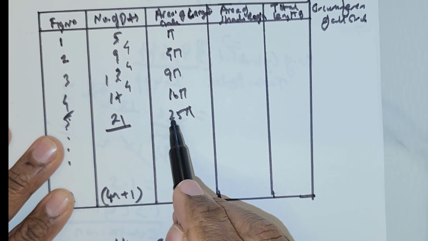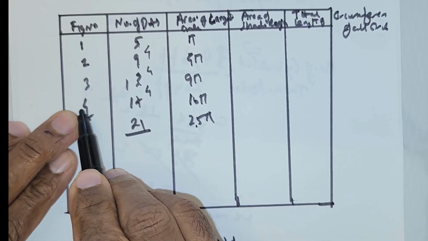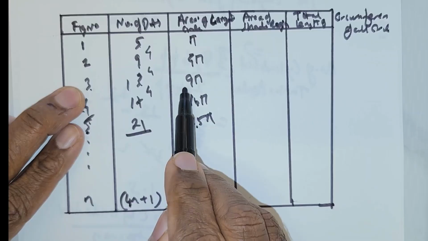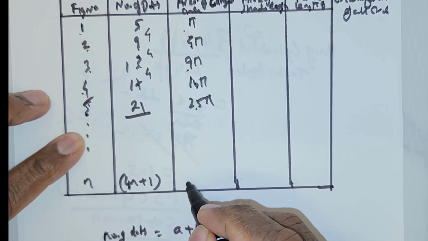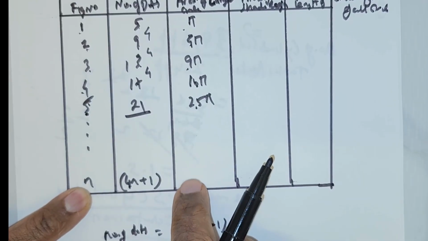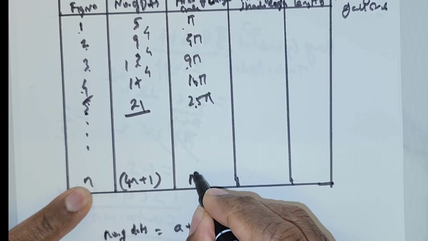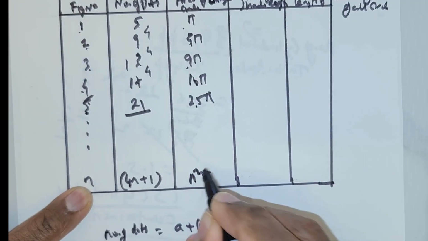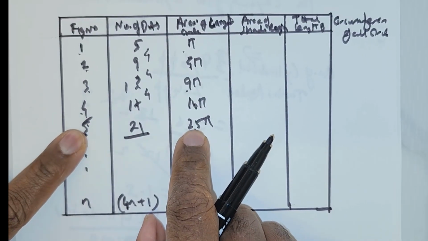Okay, now go back to the figure. When you have 5 you have 25, 4 you have 16, 3 you have 9, 2 you have 4, 1 you have 1. So what do you sense here? What has to be the value here, area? If you have n here, what is this going to be? n squared times pi. Okay, that's it. Just study the pattern versus the figure number.